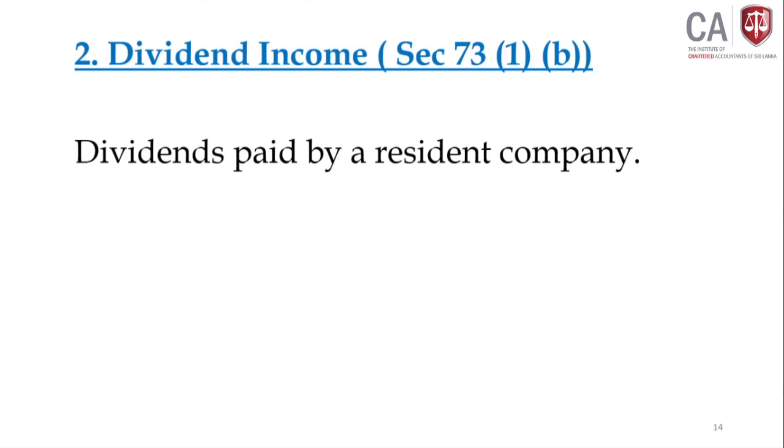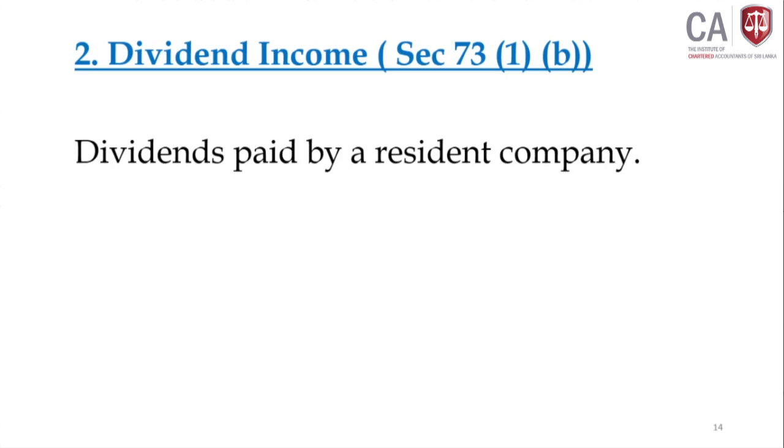Now we will come to the next one, dividend income, section 73 subsection 1B. Dividend paid by a resident company. Now I am applying it to the non-resident person.